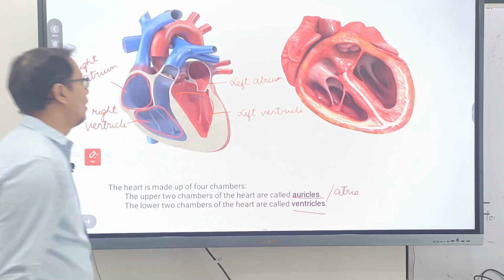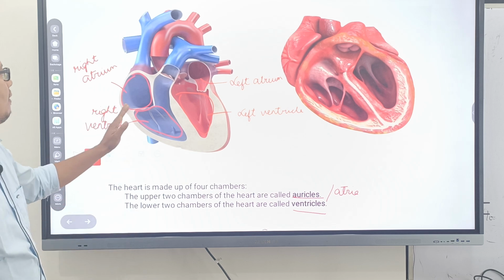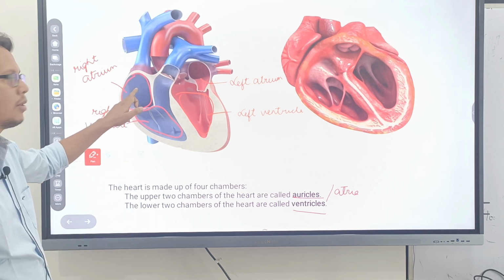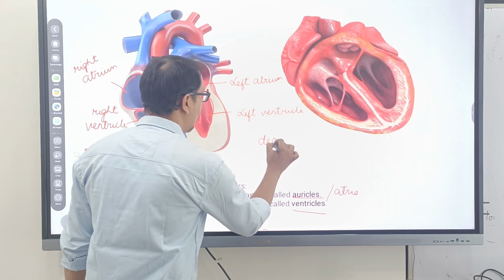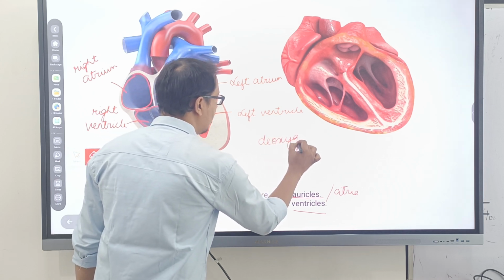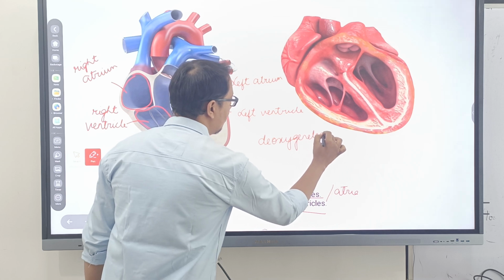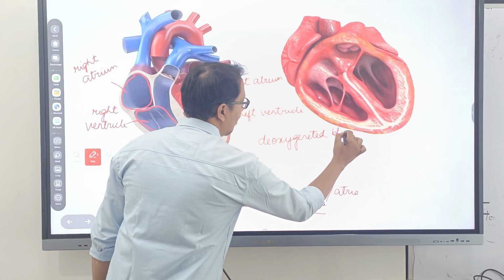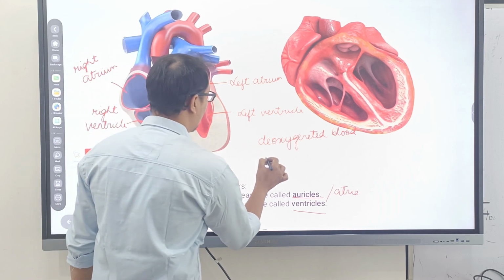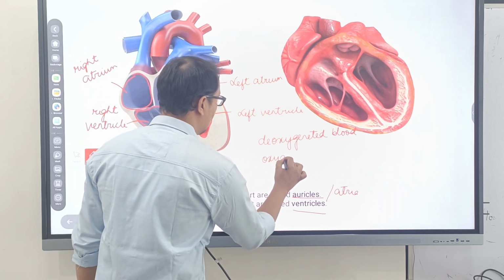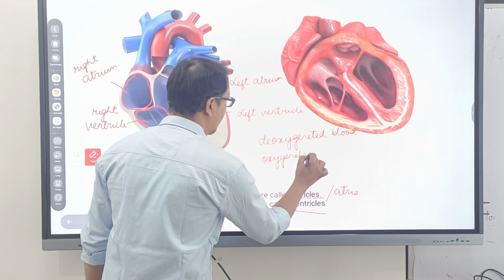Okay. Now there is a significance of the colors. Blue color will show deoxygenated blood. And the red color shows oxygenated blood.